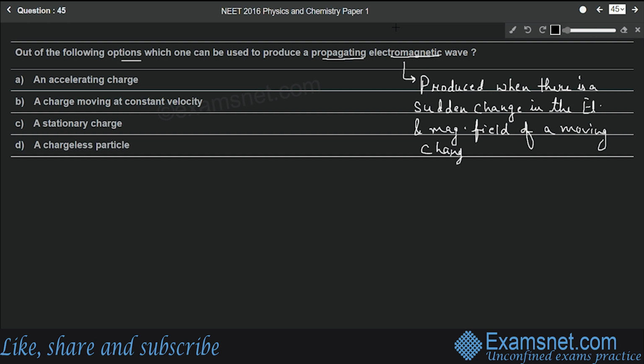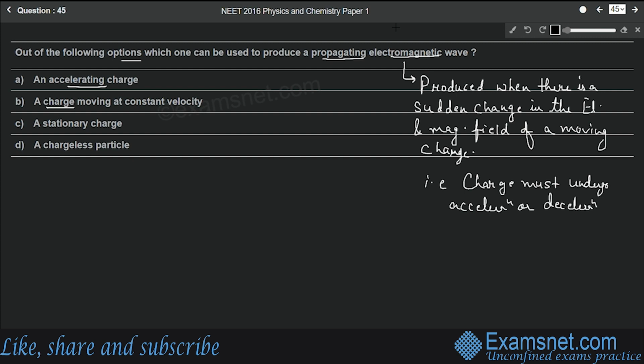That means the first condition is that the charge must be moving. So let's check the options. The first option is an accelerating charge. Yes, this can be correct because this statement also means that the charge must undergo acceleration or deceleration. So this can be the correct answer, but let's check other options as well.